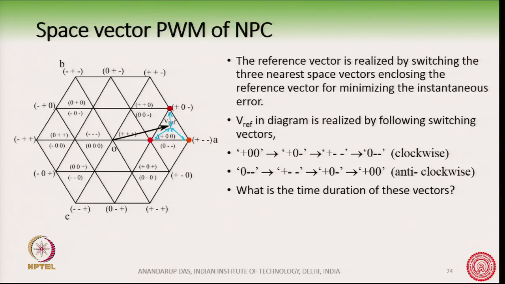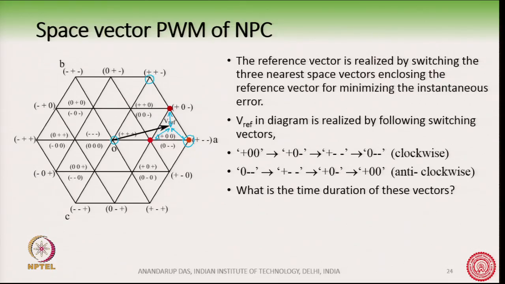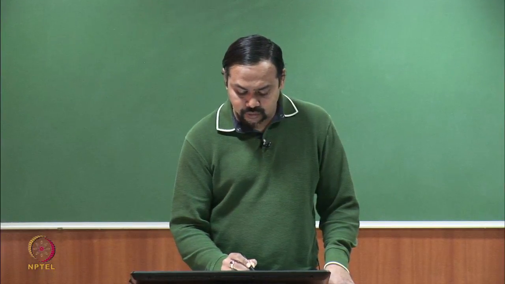We could have also switched this vector and this vector. However, if we had chosen these three vectors, you can readily understand that the instantaneous error between Vref and the vectors which we are switching will be much more as compared to the case I have shown here.